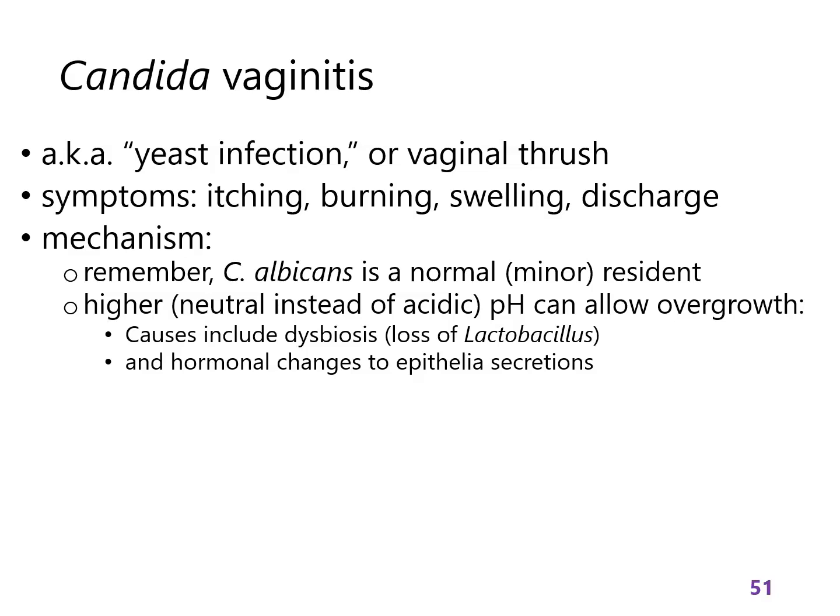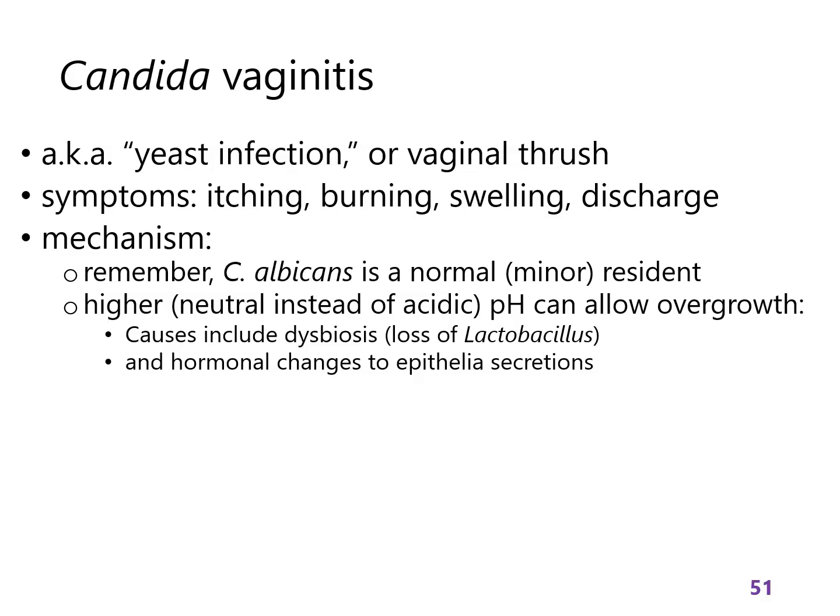And they do that because the epithelium lining the vaginal canal releases sugars that they can use as an energy source. And the other antimicrobial chemicals released into the vagina are not toxic to lactobacillus. They're much more toxic to everything else.